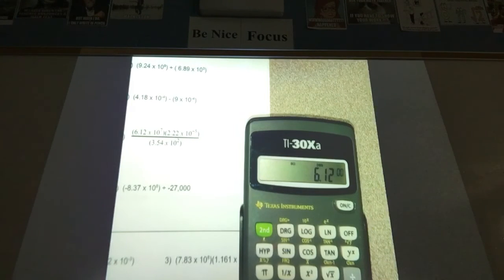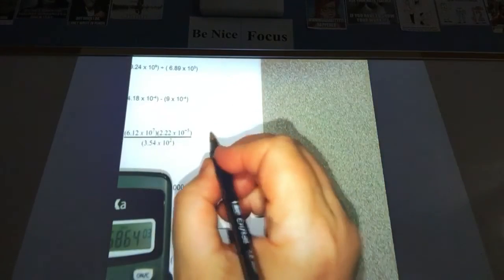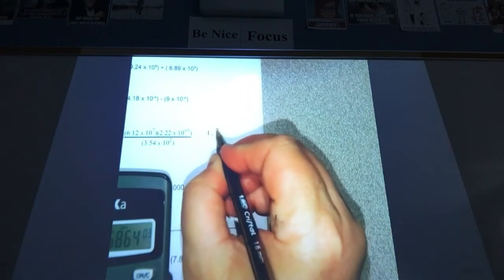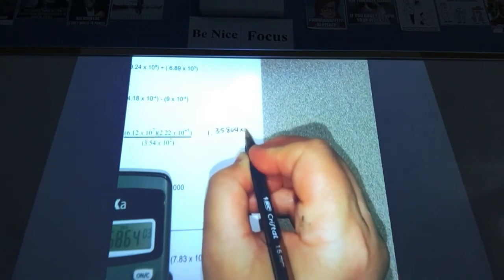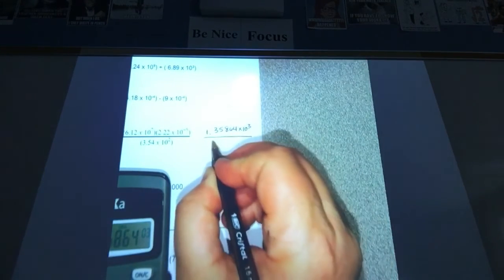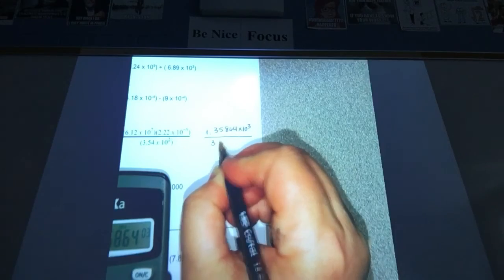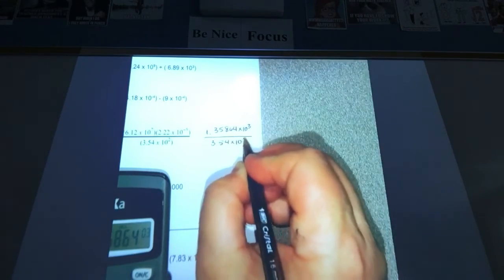6.12 EE7 times 2.22 EE5 negative equals, so the top is now 1.35864 times 10 to the 3rd. The bottom is still 3.54 times 10 to the 2nd.